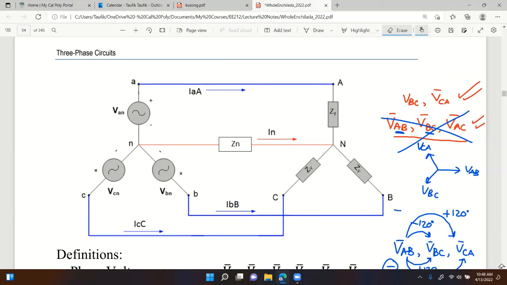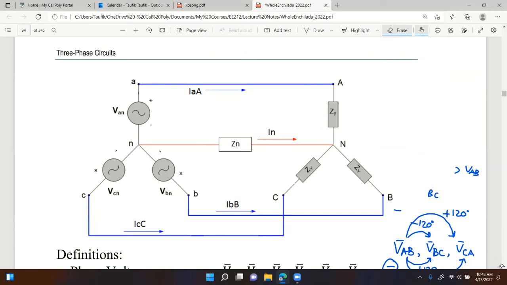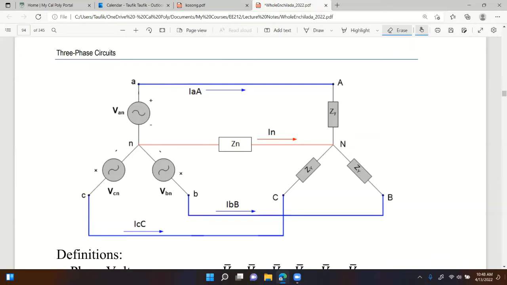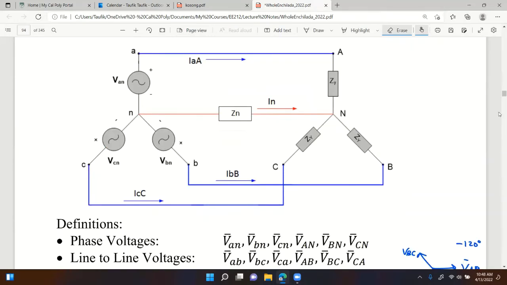But before I do that, now that we've gone over the definitions of phase voltage and line voltage, can you tell me, with a Y connection, just look at the source side, what can you tell me about phase voltage and line voltage? Are they the same or are they different?